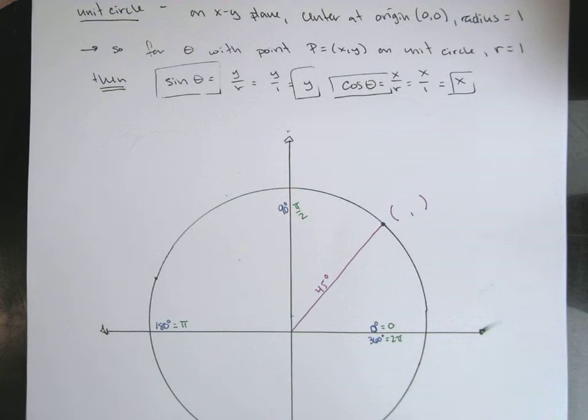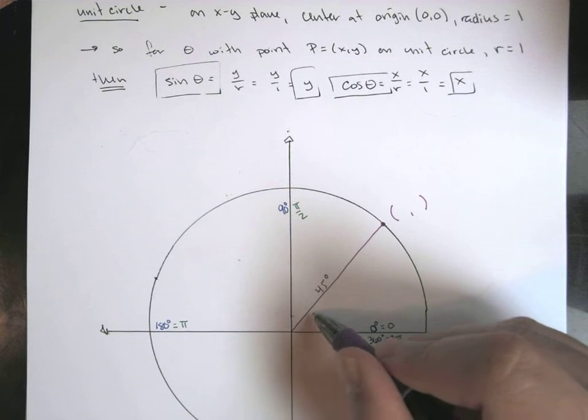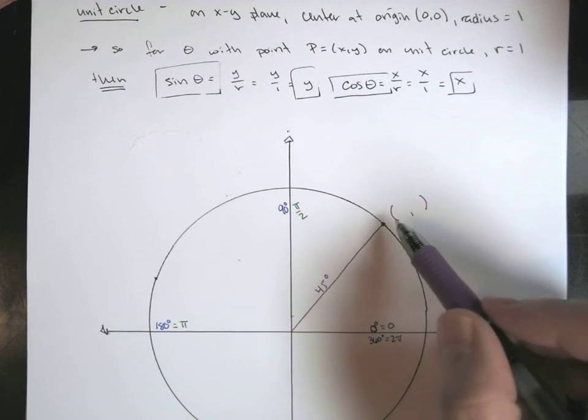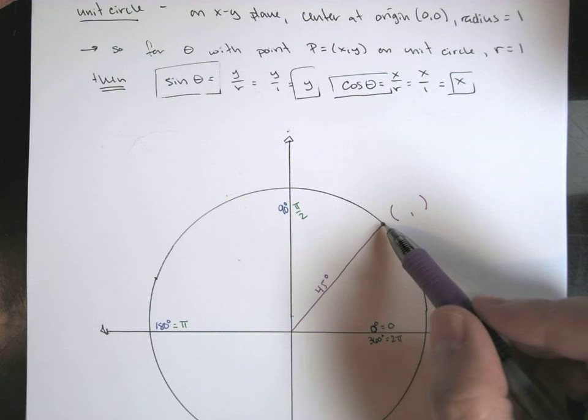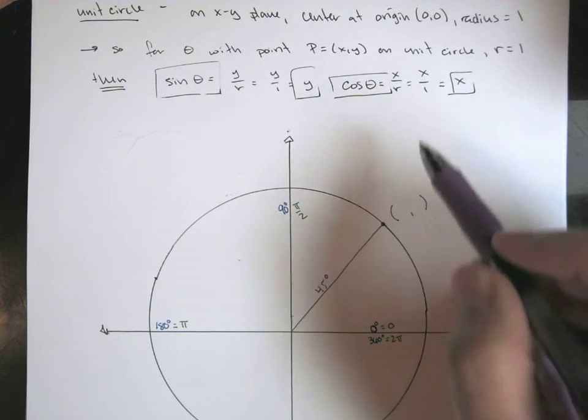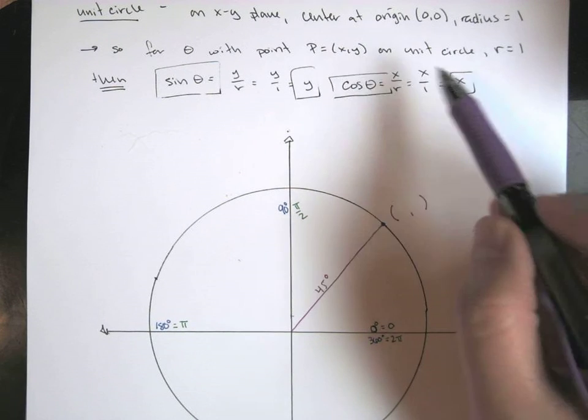I'm getting a point on the terminal side, as the angle rotates, that's on the unit circle. And so the radius value is going to be 1. So on the unit circle, for a point (x, y), my radius is 1.